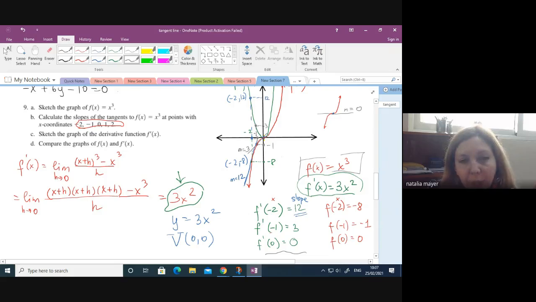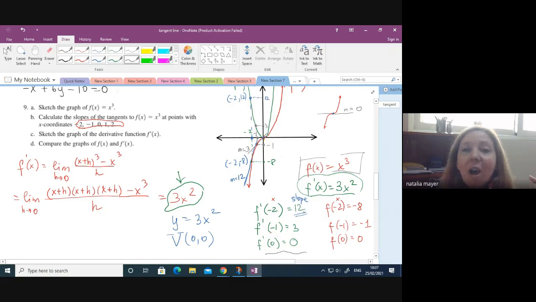Okay, so now the conclusion. When we compare the original function and the derivative function, we take the same x values. We keep the argument, or x values, the same for the original function and the derivative function.